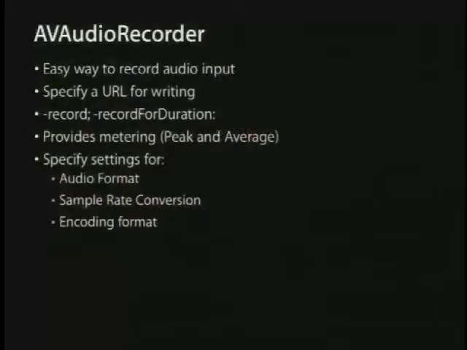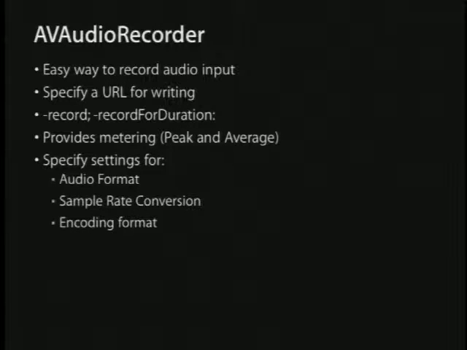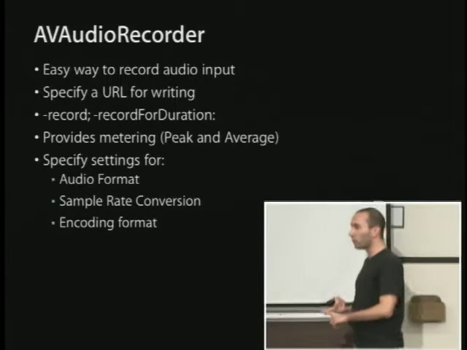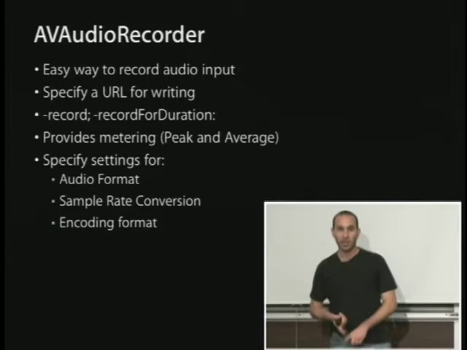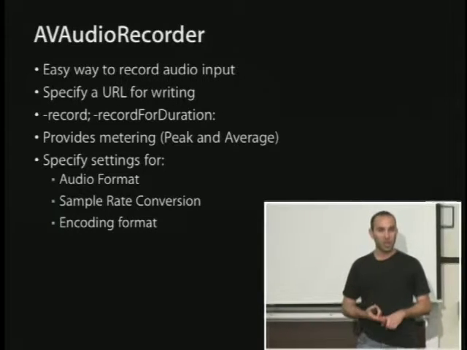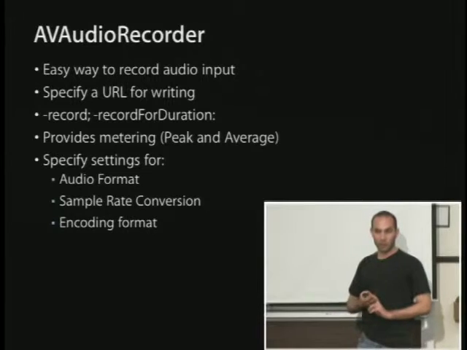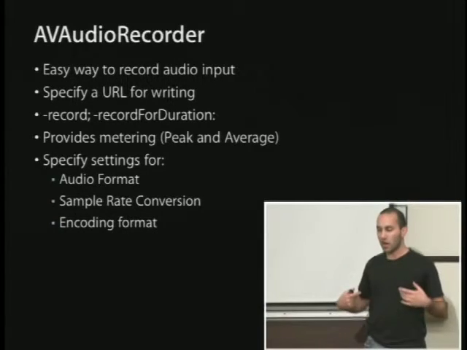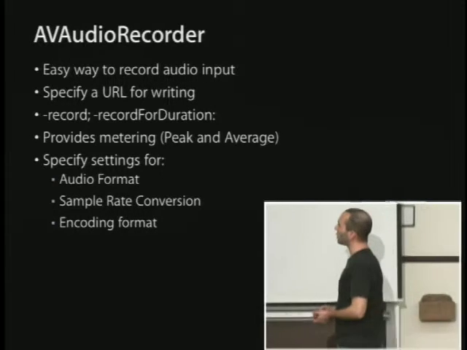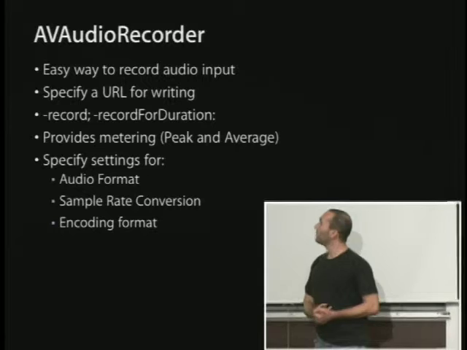So the AV audio recorder, right? So you want to input sound. There's 2 ways to do it. The first way is with AV audio recorder, and this is very much a parallel to the AV audio player. It's a Cocoa API, very simple API, and some delegate callbacks for understanding when recording began and stopped, and if you got interruptions. It does provide metering.